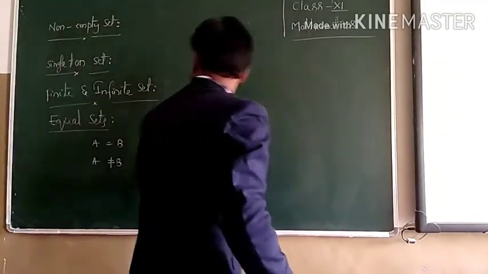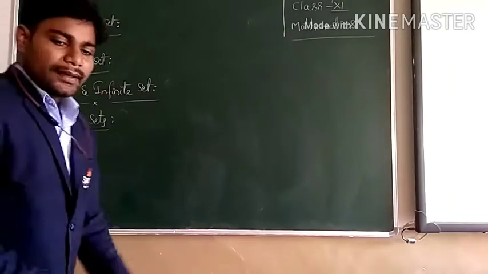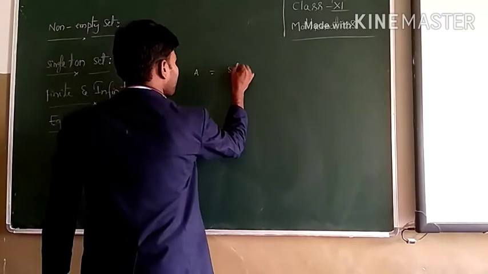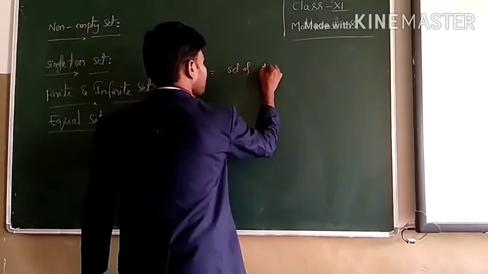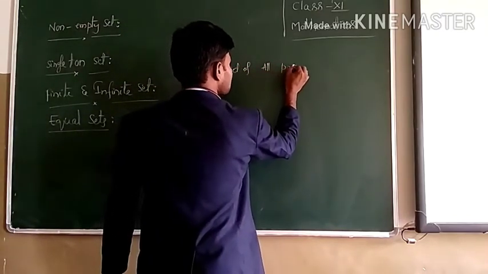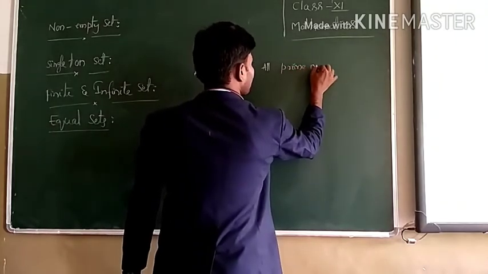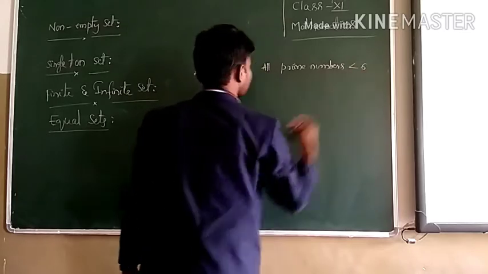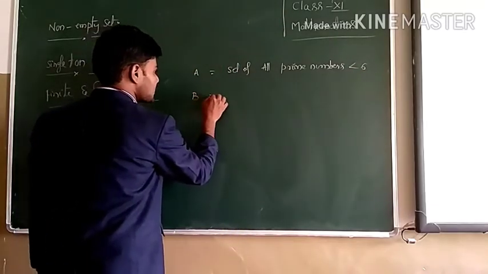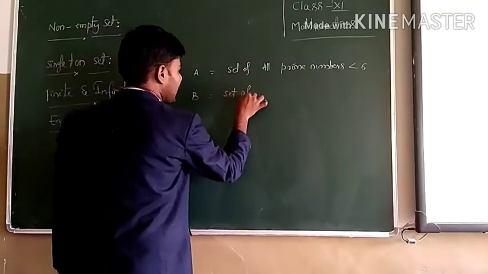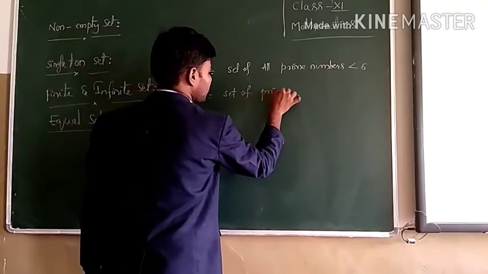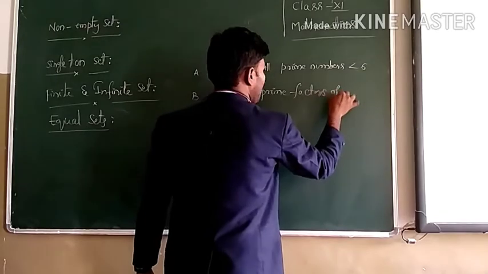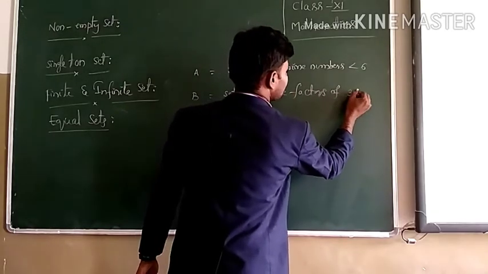For example, consider set A defined as the set of all prime numbers less than 6, and B defined as the set of prime factors of 30.